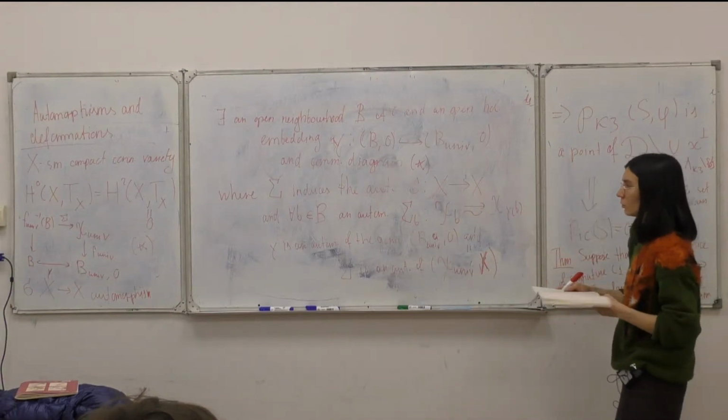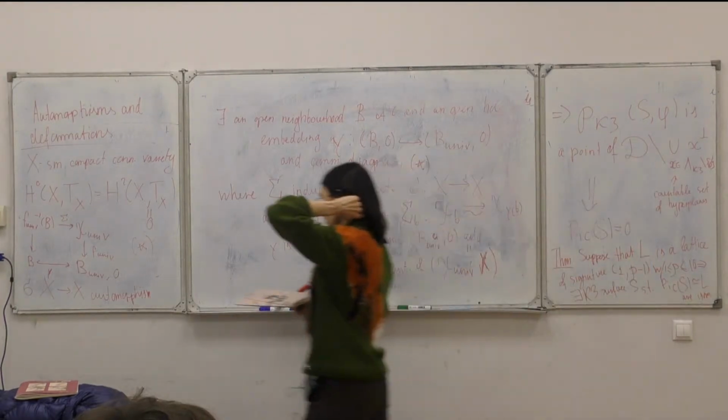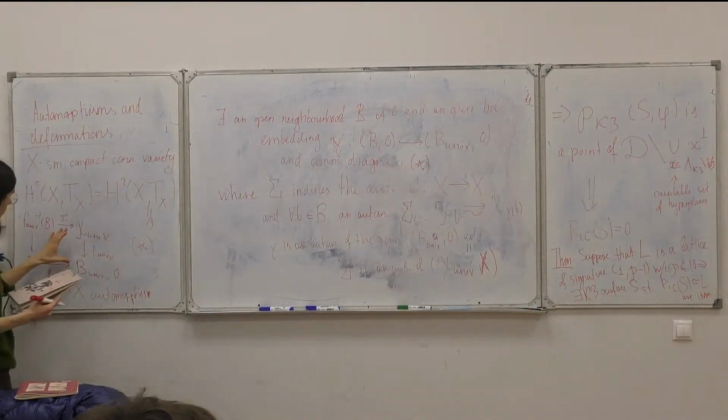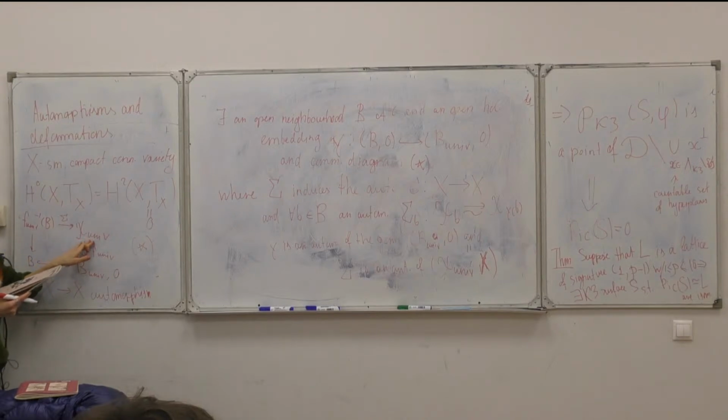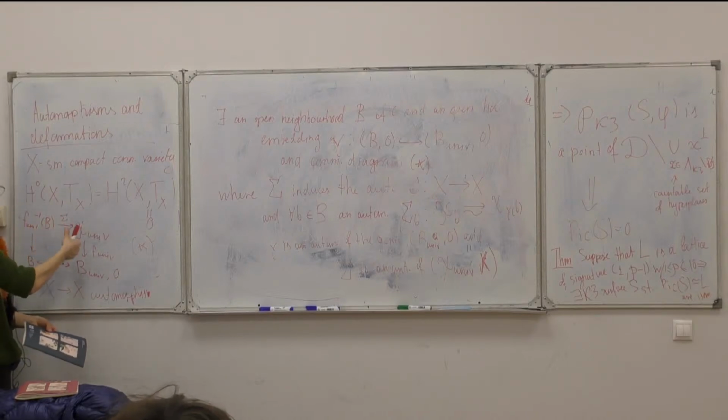Okay, so I'm not going to explain why this is so. It will follow from the universal property of B, but it's difficult to explain in a complex setting. But more or less, what is the statement? That if we have an automorphism, then we can deform it in a universal deformation.